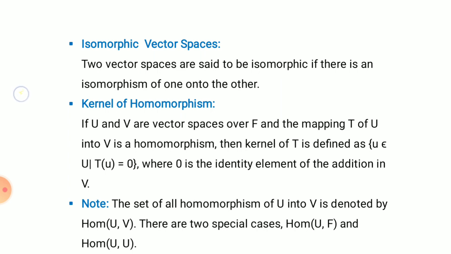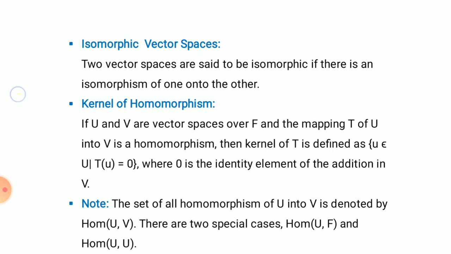Listen again. If U and V are two vector spaces and T is a mapping from vector space U to V, that means there exists at least one mapping from vector space U to V or from vector space V to U such that the mapping T is an isomorphism.